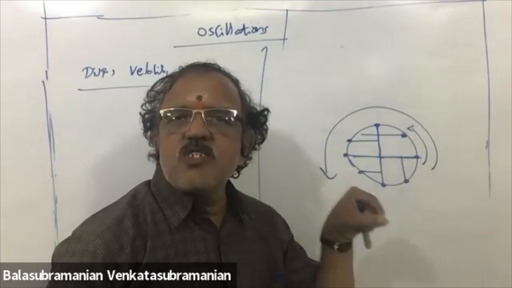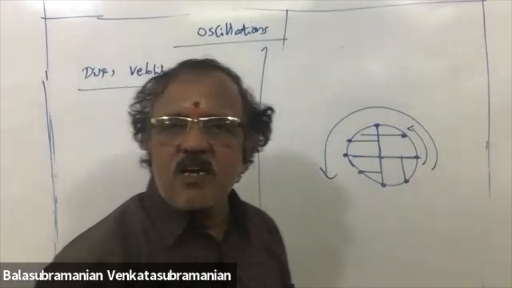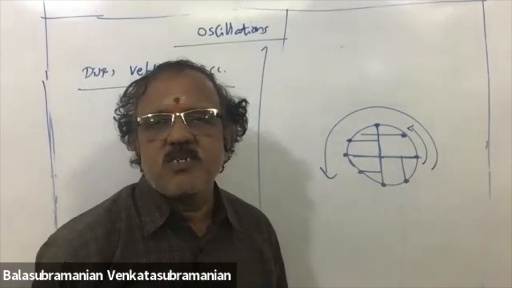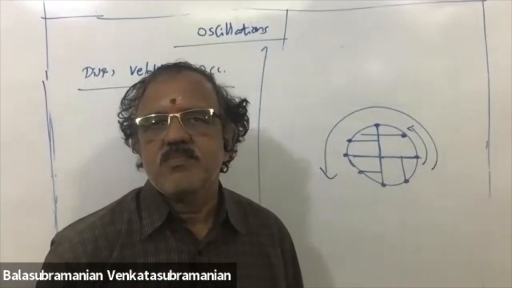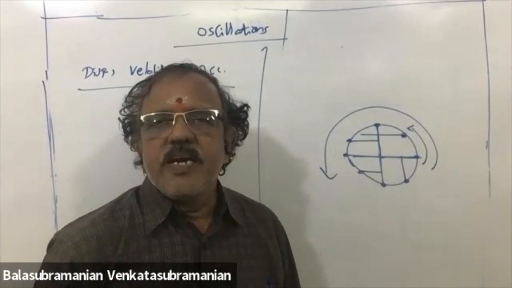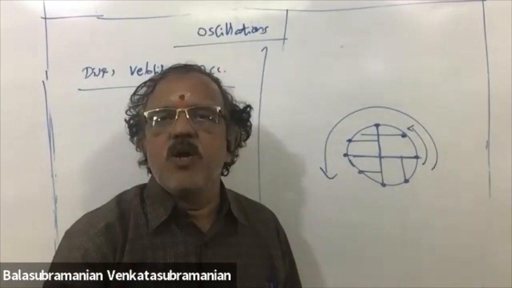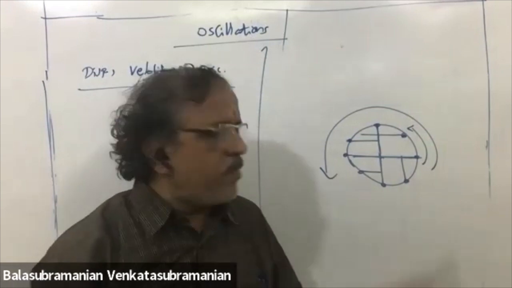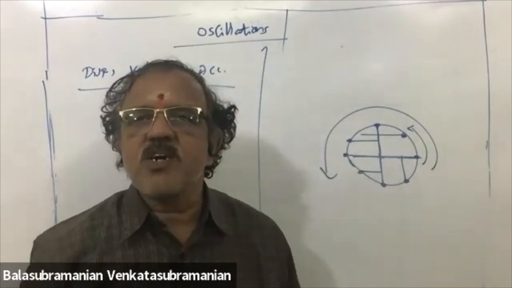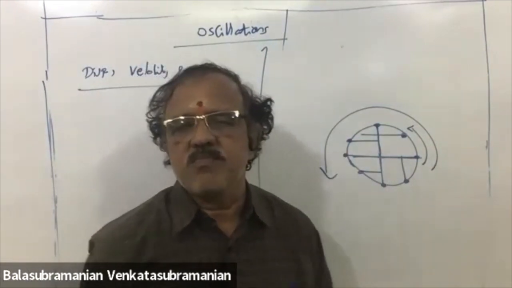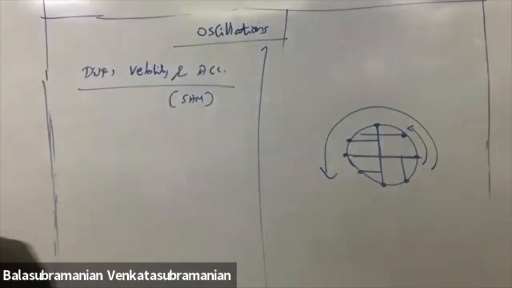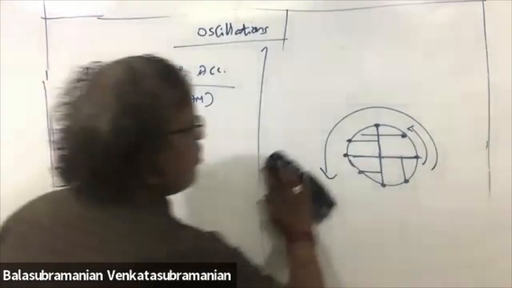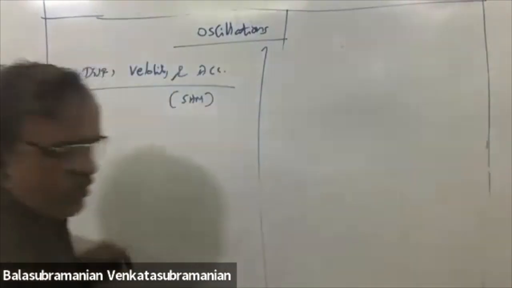When a particle is moving in circular path or circular motion, the projection of the particle executes above and below to and fro motion from the mean position. So it is called a simple harmonic motion. Okay. Now, how to derive the equation?